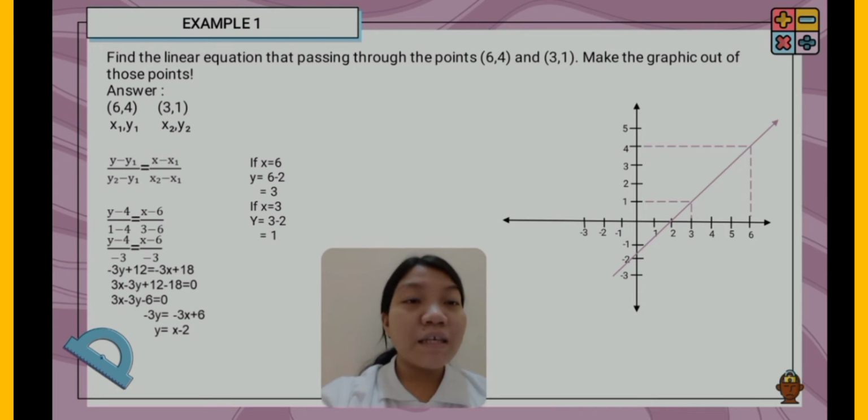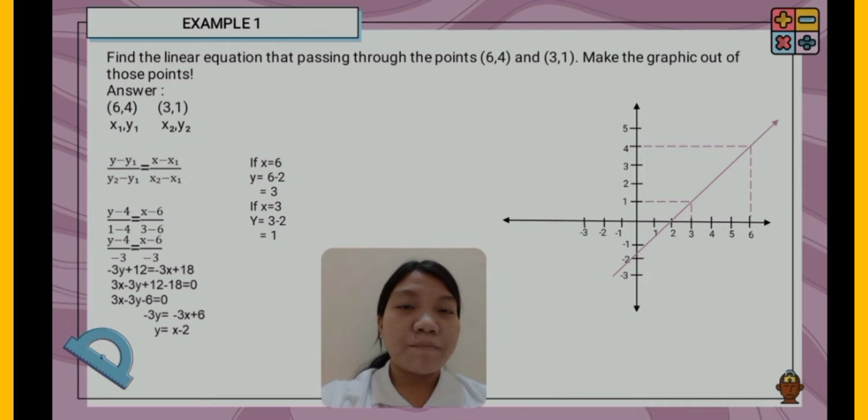To find the linear equation, we need to use the formula: y minus y1 over y2 minus y1 equals x minus x1 over x2 minus x1. Here we replace y1, y2, x1 and x2 with 4, 1, 6 and 3.